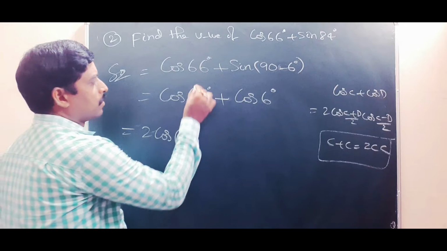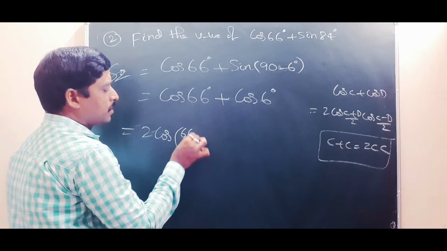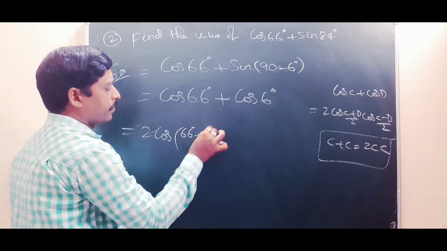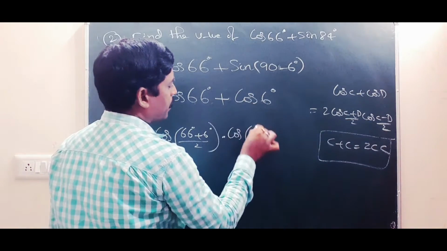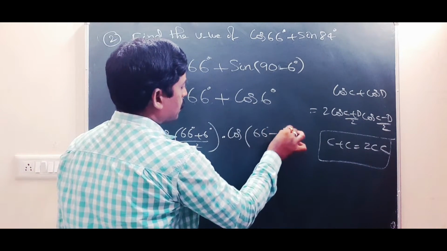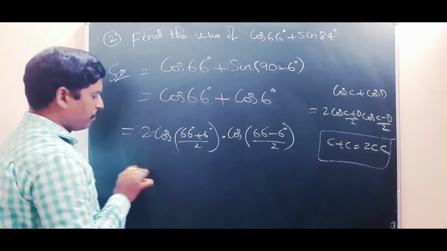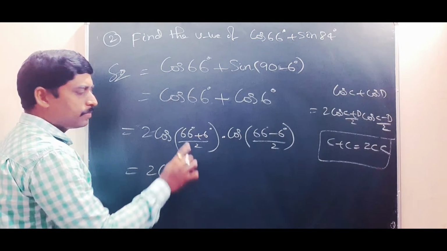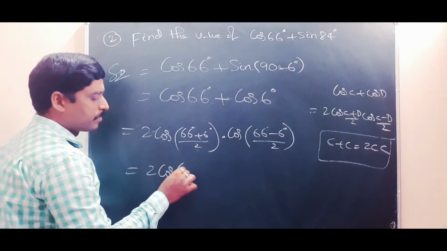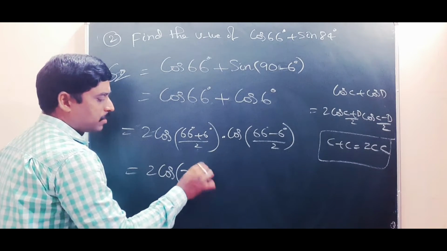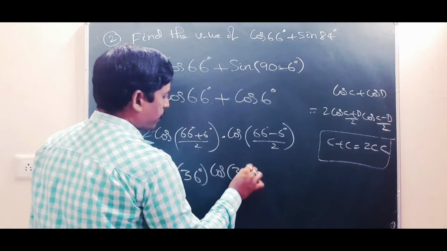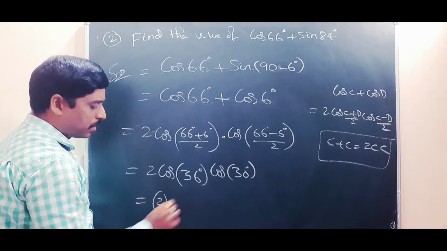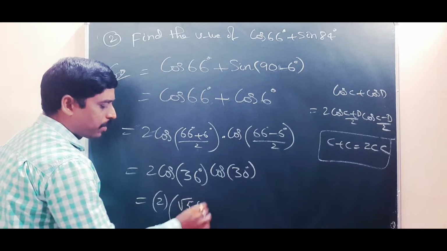So 2 cos ((66 plus 6) by 2) into cos ((66 degrees minus 6 degrees) by 2). It becomes 2 cos of 72 by 2, which is 36 degrees, cos of 60 by 2, which is 30 degrees. 2 into cos 36, whose value we have as (root 5 plus 1) by 4.